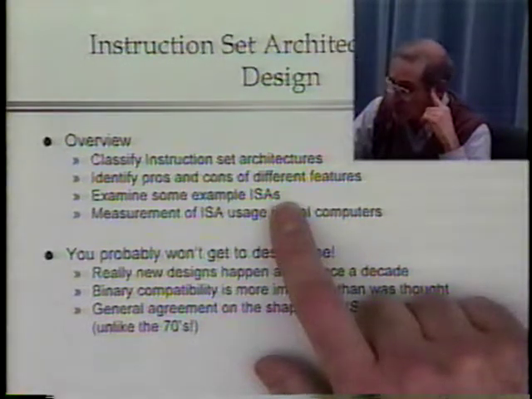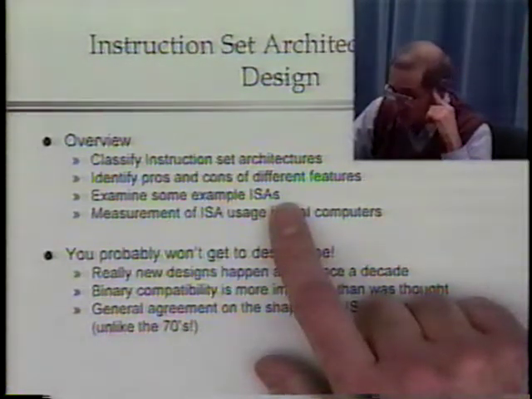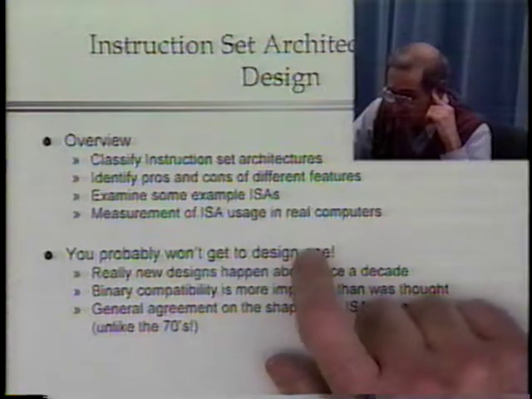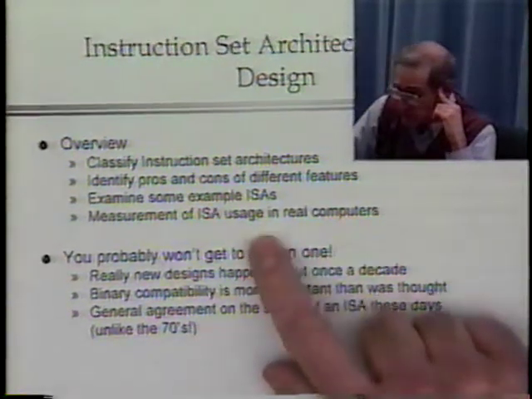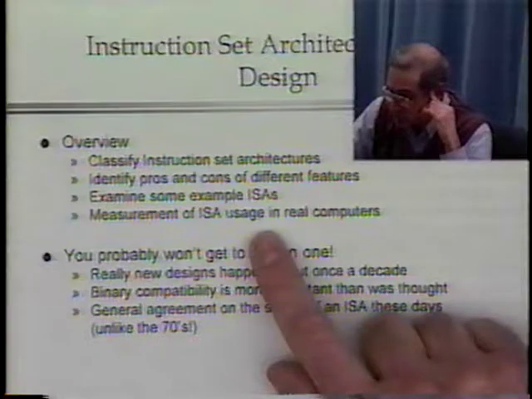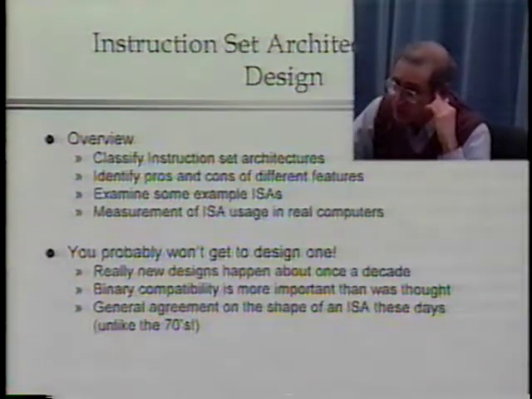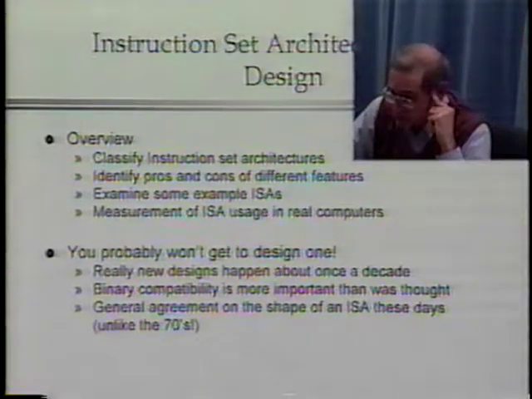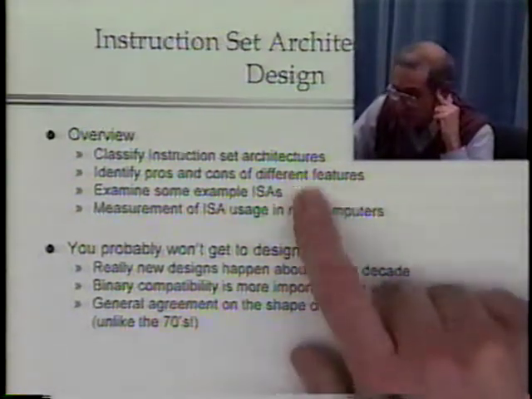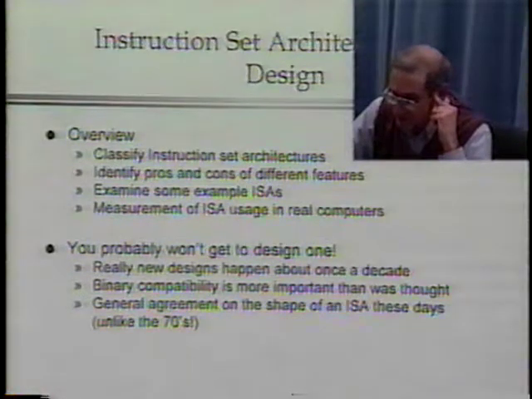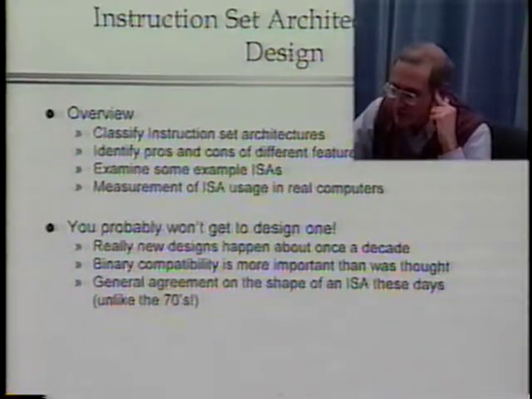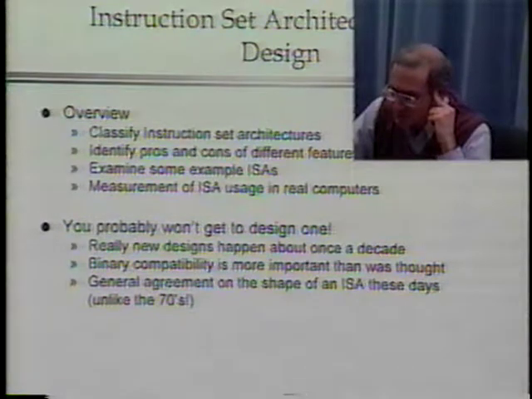Although, in fact, we'll be talking about some of the elaborations on the various RISC processors that make them different from each other. And then we'll look at some measurements of instruction set usage in real computers on real benchmarks and try to see what we've learned from their design and their use and map it back to our general classifications. This is all great stuff, and in fact designing instruction sets is lots of fun.